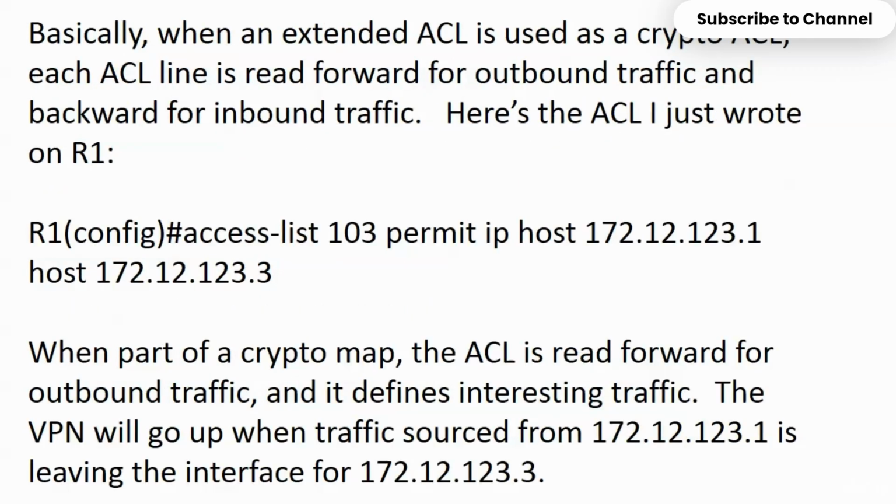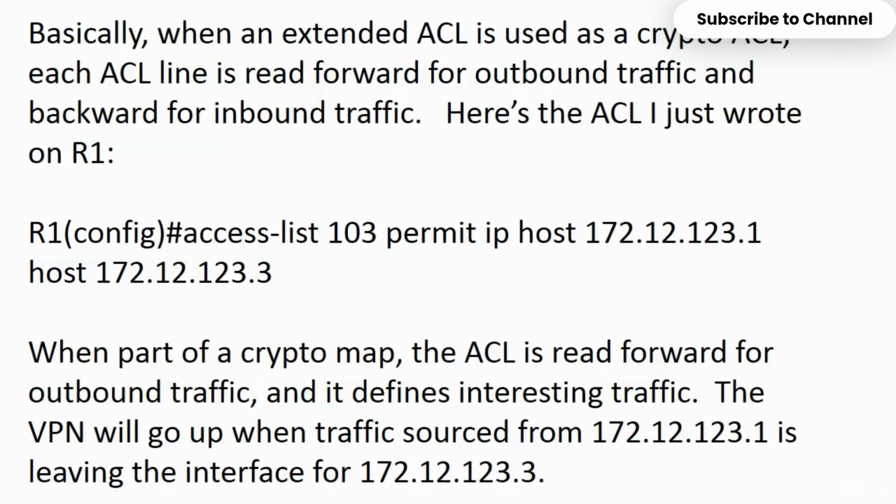This is actually what happens. When an extended ACL is used as a crypto ACL, each line is read forward for outbound traffic and backward for inbound traffic. I've got this on the board for you. We'll write it on the routers as well. On router 1, access-list 103 permit ip host 172.12.123.1 host 172.12.123.3.